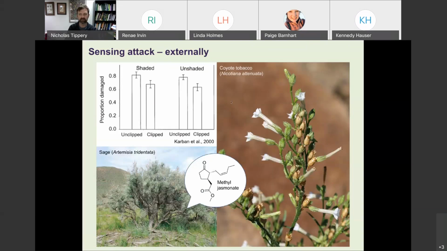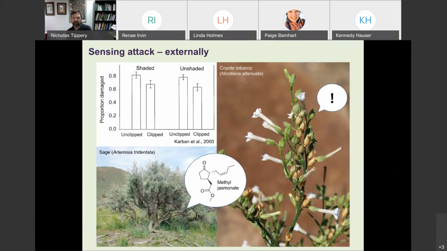And by damaging one plant, they found that this would actually cause neighboring plants of a different species to respond by defending themselves. So I think we talked a lot about plants having more unique approaches chemically, so having their own scents and their own signaling molecules.